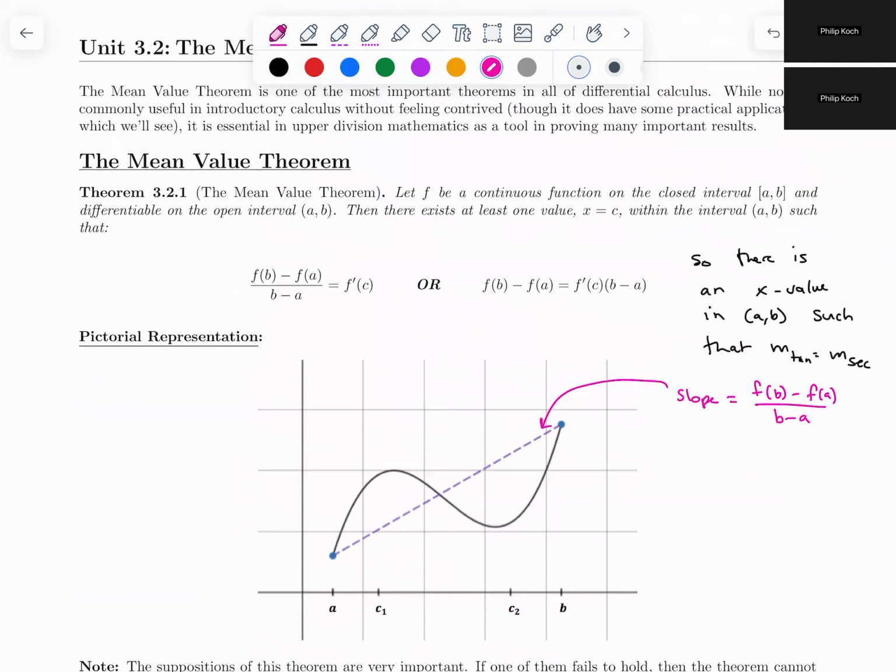And so it fits everything within the conditions of the mean value theorem. And you can see that there are two c values. There are two points where if I draw a tangent line right there, you'll see that it has a parallel tangent line. Similarly, we have this c value right there, and we have another tangent line that has the exact same slope as this.